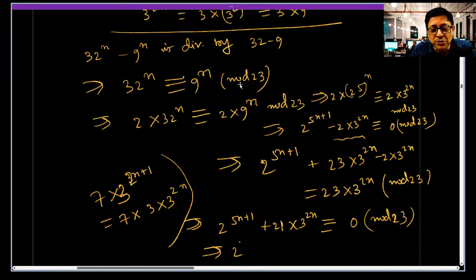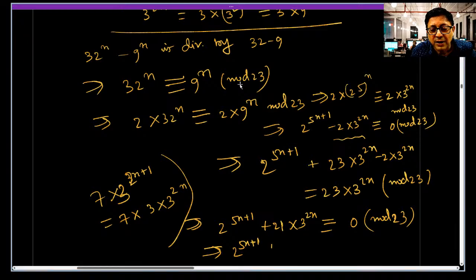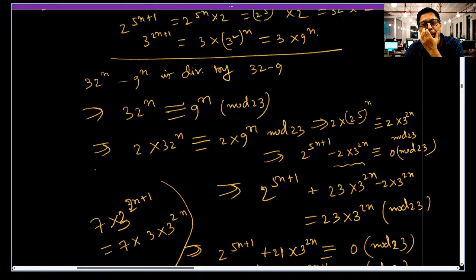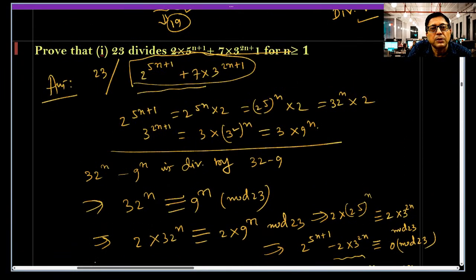So this one ensures that 2 to the power 5n plus 1 plus 7 into 3 to the power 2n plus 1 is congruent with 0 mod 23. Clear? This only we are supposed to prove. This thing is always divisible by 23.